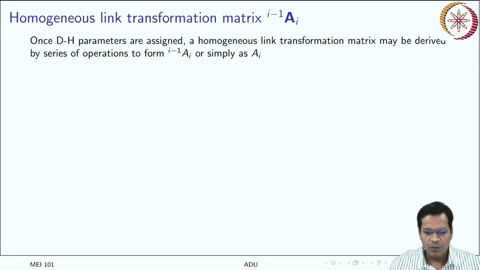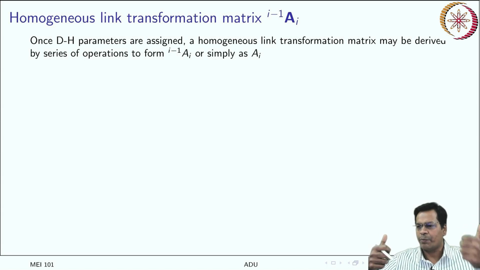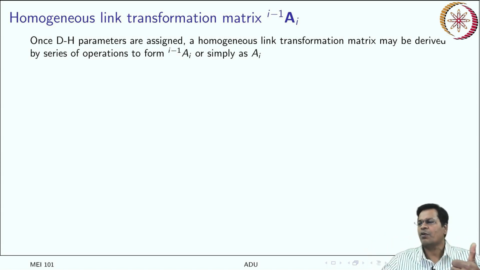Okay. Now let us form a homogeneous link transformation matrix. Now we know the two frames which are there at the beginning of the link and at the end of the link. Can I find the relative transformation between these two frames?